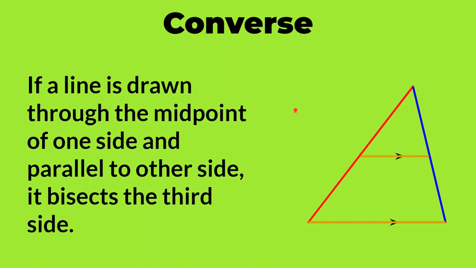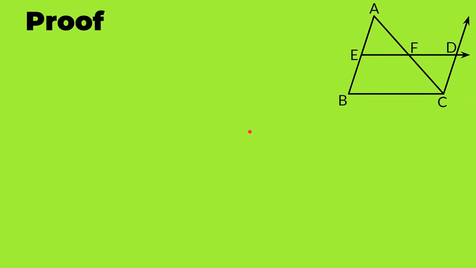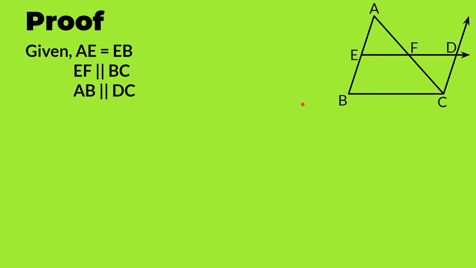So let's prove it. We'll use the same diagram which we used in our previous proof, and we'll write what we know this time. So this time we know AE is equal to EB. We also know that EF is parallel to BC, and we also know that AB is parallel to DC since we ourselves constructed it.